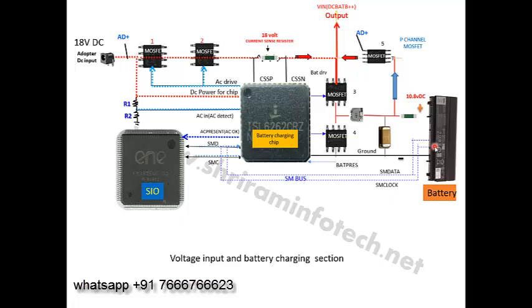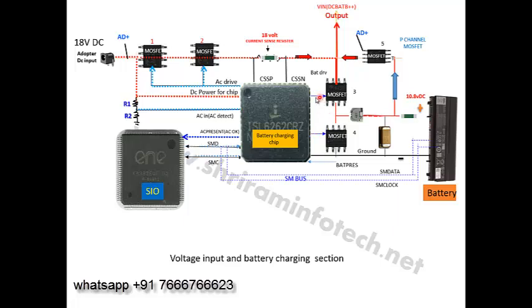Once the battery asks for current, the SIO gives the command to this battery charging chip, and the battery charging chip starts triggering MOSFET number 3 and MOSFET number 4. It gets the 18 volts from here and starts generating pulsating AC here, passes the DC, gathers across the capacitor and passes into the battery like this.